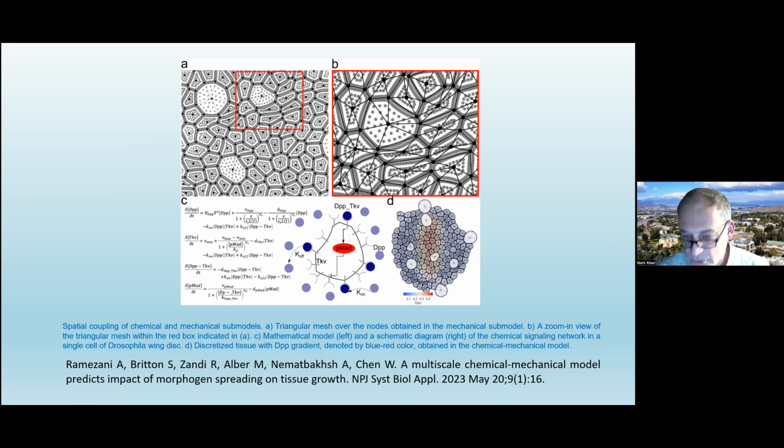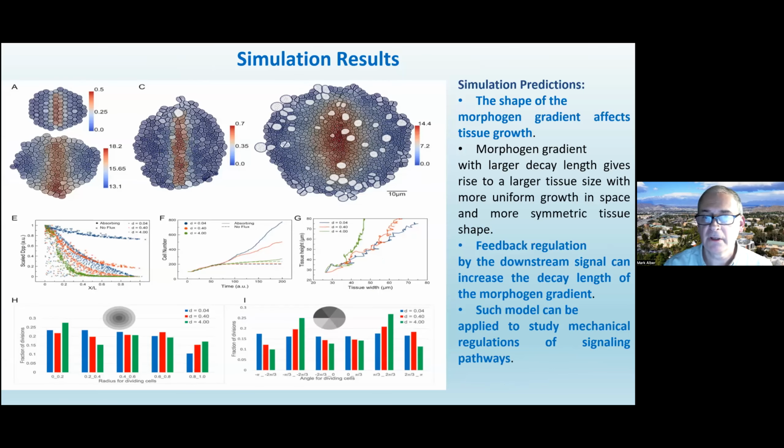And what we were able to show, and that project was led by Dr. Wei Tao Chen, a colleague of mine from UCR, was that the gradients of morphogen, some of these chemicals, actually control the growth of the tissue, the final size of the tissue.